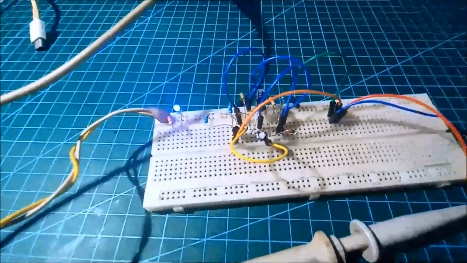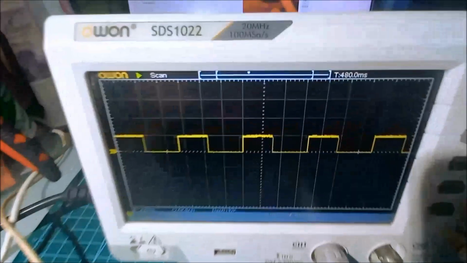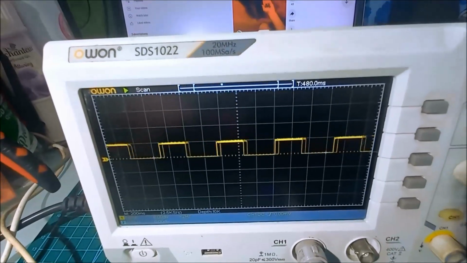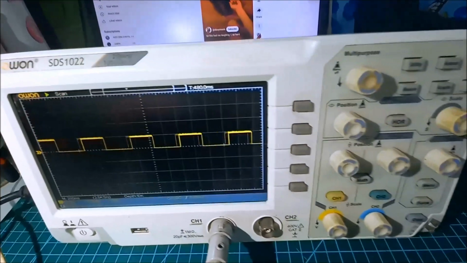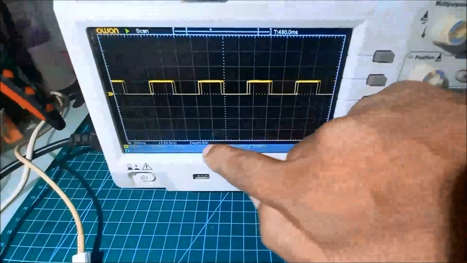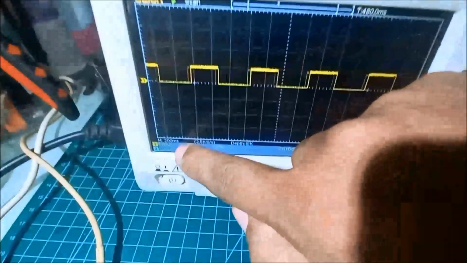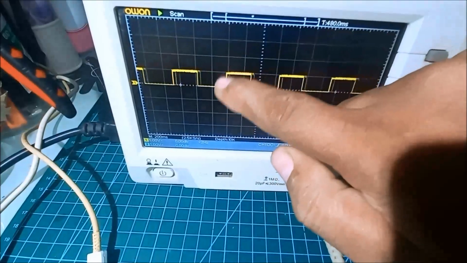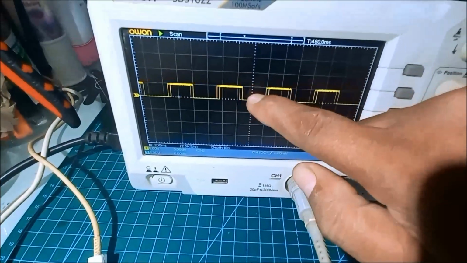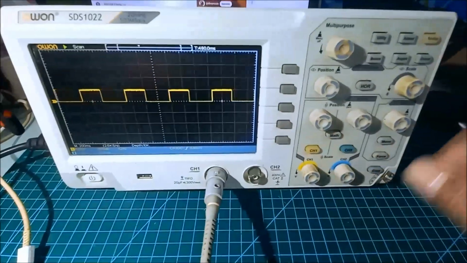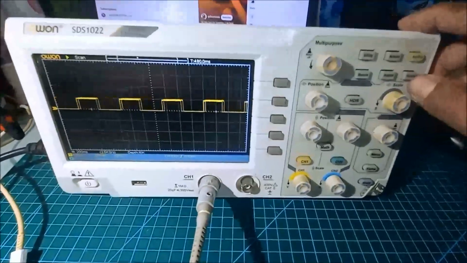Now we have made some changes to our circuit, and we have this square waveform generated. 5 volts per division. We can see the frequency.